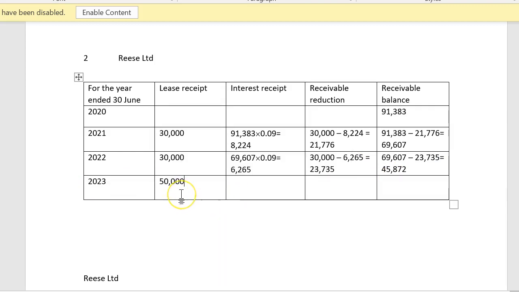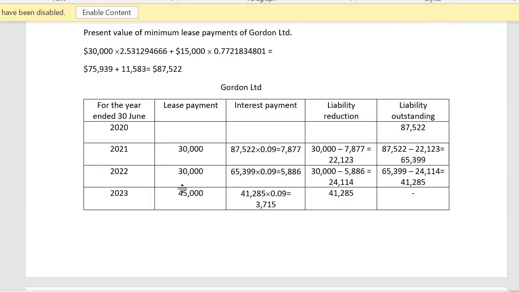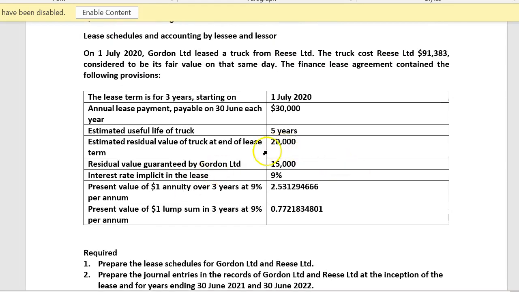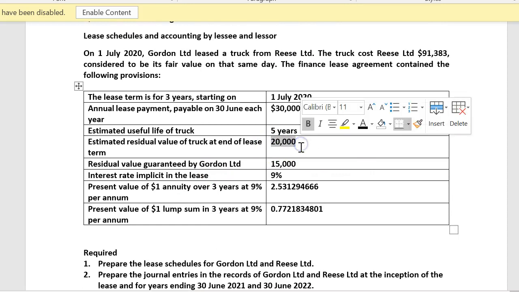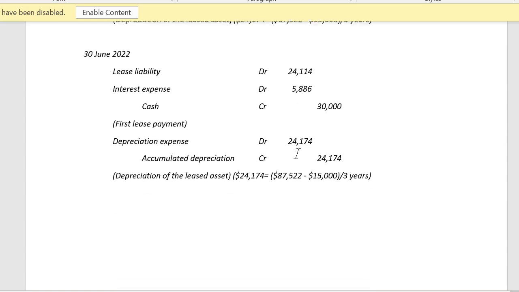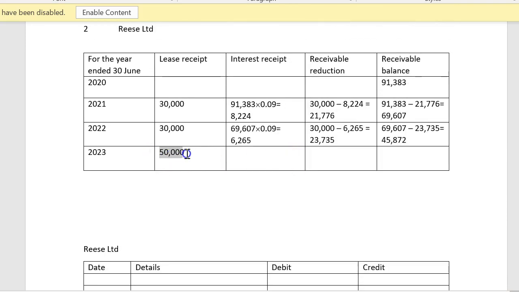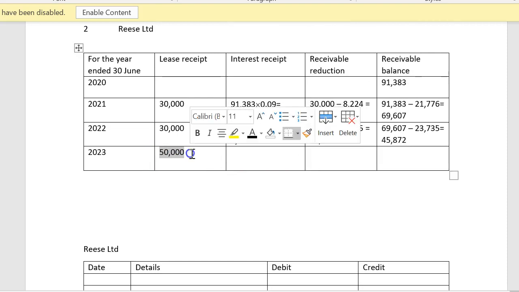Now keep in mind, lessor guarantees 20,000. It's not 15, which means lessor expects to sell this for 20,000 to a third party. Okay, which means at the end of the lease term, lessor receives 30,000 plus 20,000. That's how we get 50,000.